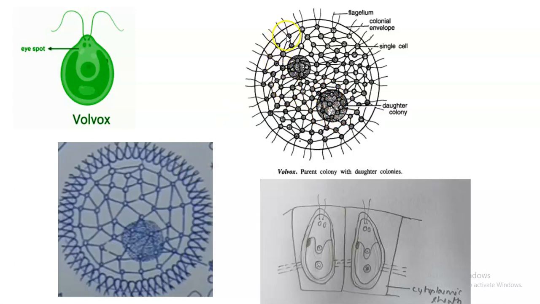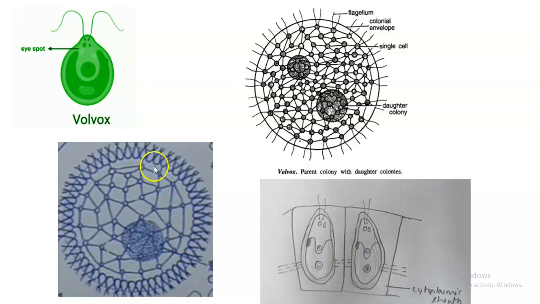Though it looks like a sphere on the outside, it is actually like this. See this image. The individual cells look like Chlamydomonas. It is an aggregation of Chlamydomonas-like cells on the exterior, and there will be 500 to 60,000 individual Volvox cells.